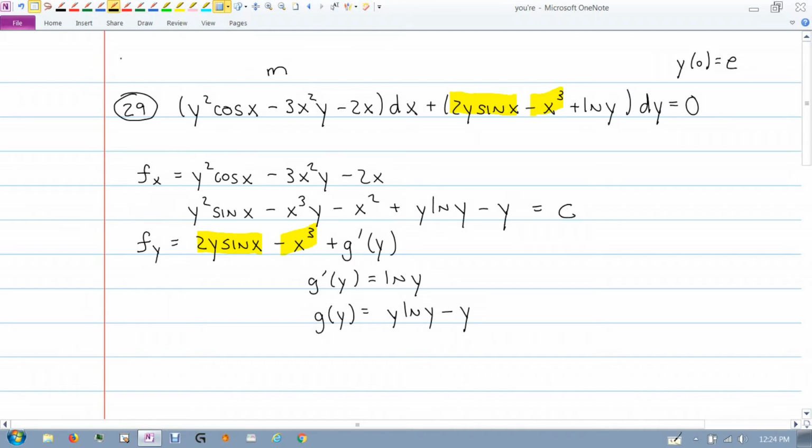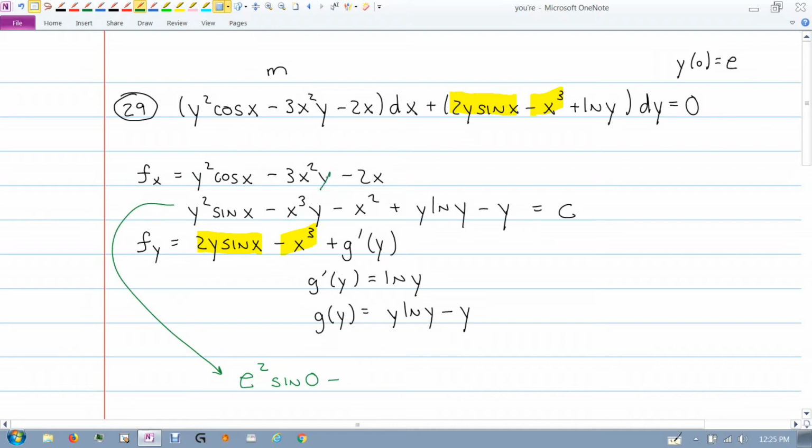I erase that f. And now we'll go and plug in. So we're replacing y with e and x with 0. So e squared sine of 0 minus 0 times 0 cubed, that's all gone, so who cares about that?